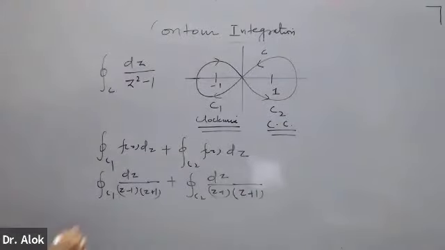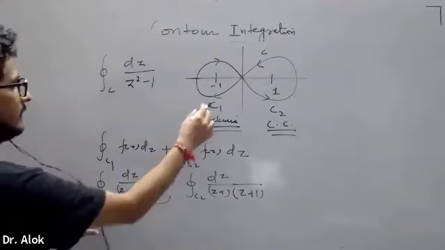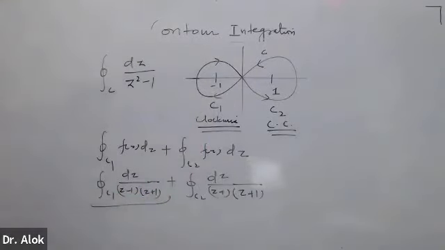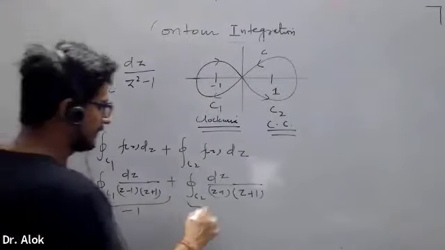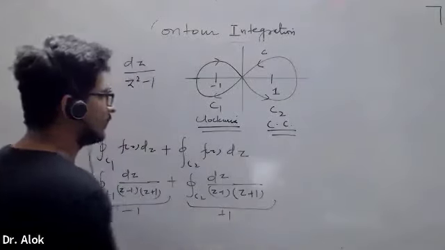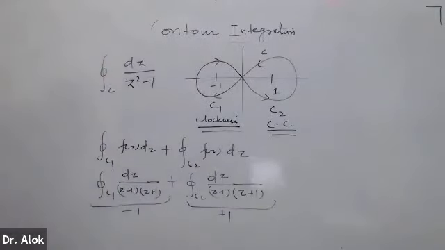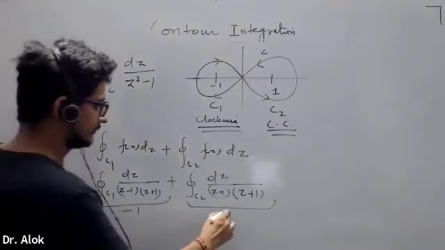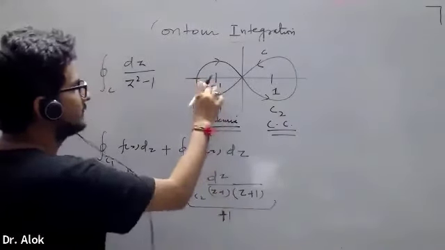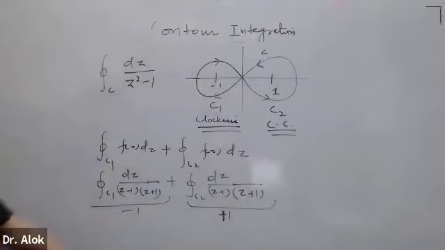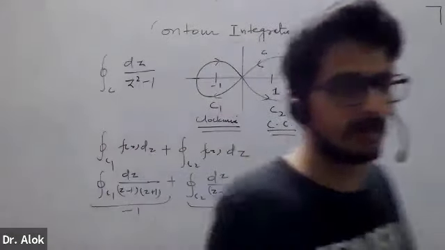Now please see this one: for C1 only -1 is the pole, इसके लिए क्या है pole -1, and for this only +1 is the pole. Can you see that? Yes, sir. For this only -1 is the pole, for this only +1 is the pole.